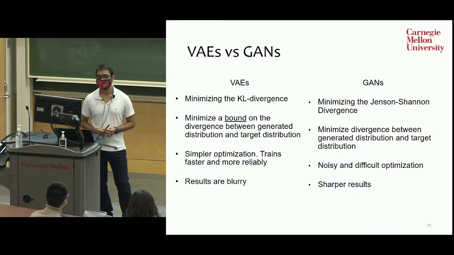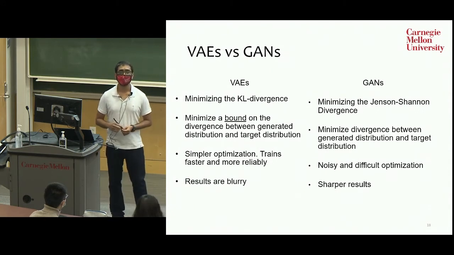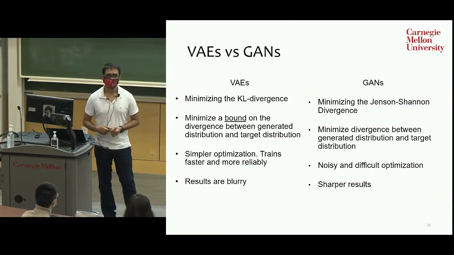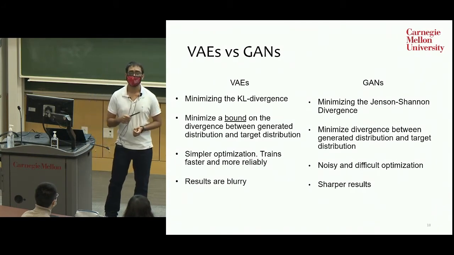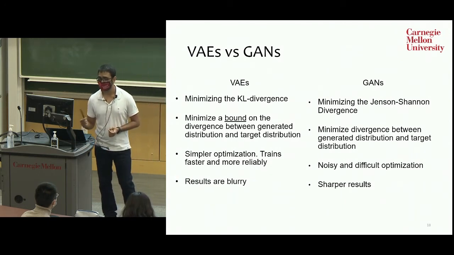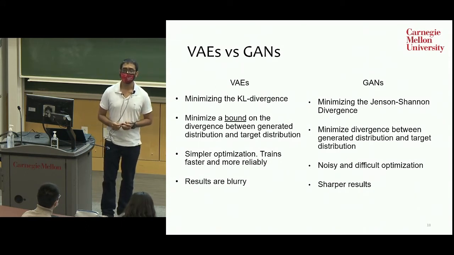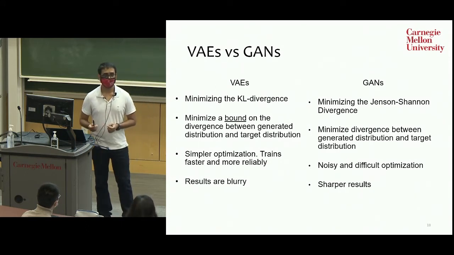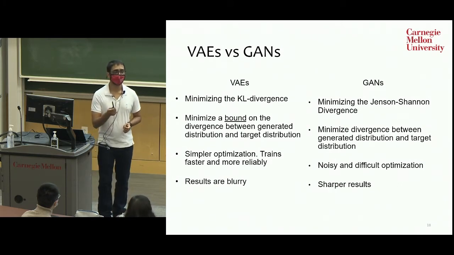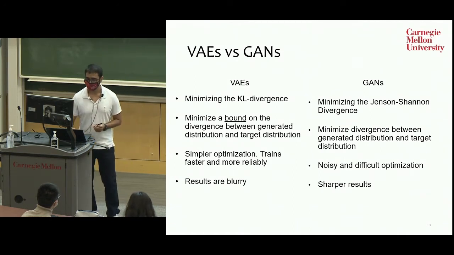The next point is to minimize the bound on divergence between the generated distribution and the target distribution. When you are training a VAE and computing a divergence between the learned distribution and the target distribution, you are basically trying to limit the bound between the actual distribution and the trained distribution.